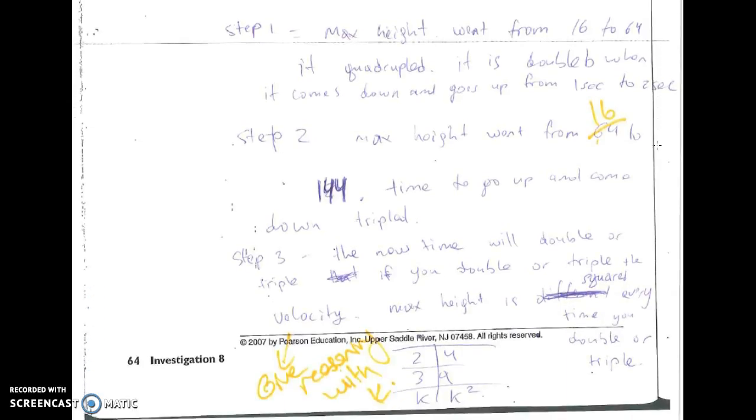And there was a pattern here. If you double the velocity, you get 4 times the height. If you triple it, it's 9. So whatever the number is, the height will be the square of that number.